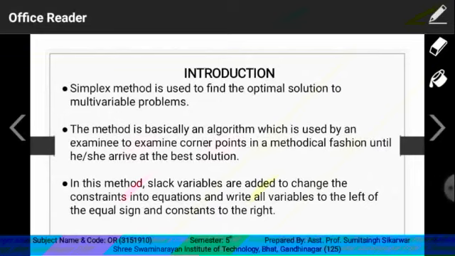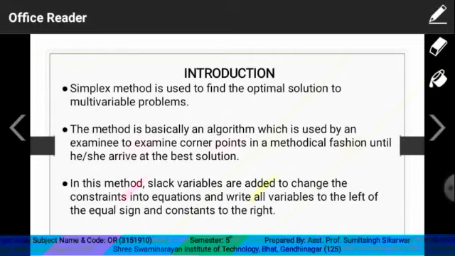In addition to this, you will also study the big M method and will understand the way to solve an LPP by using the same method. We will also see the two-phase method of solving any LPP model.